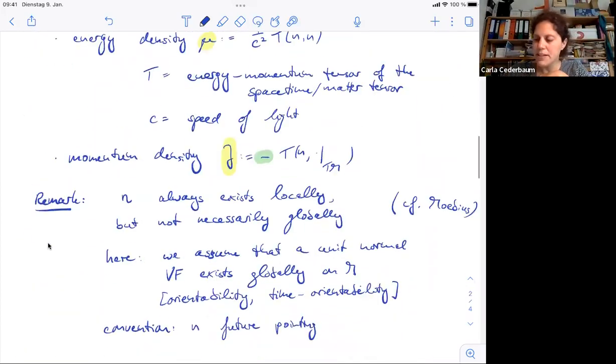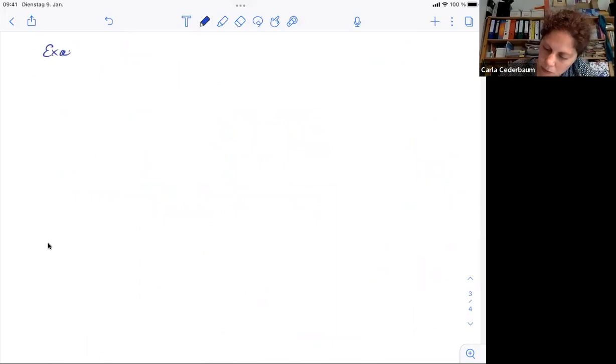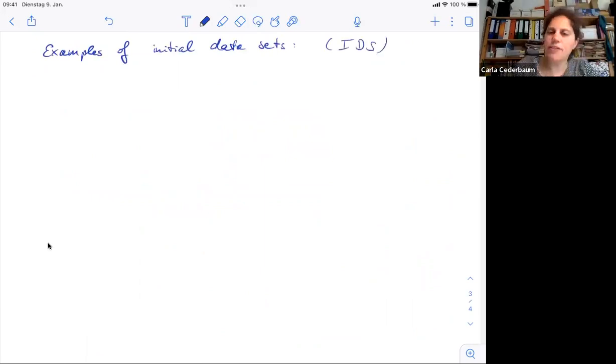So let's look at some examples. And let me introduce the abbreviation IDS for initial data set, which you'll also find a lot in the literature. Then the most prominent example, and probably the most boring one as well, is this one. Let me write it down first. So this is Euclidean space in 3 dimensions.